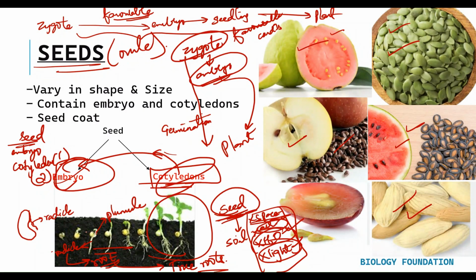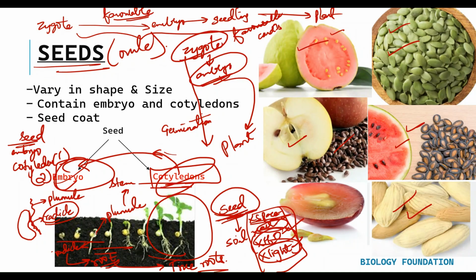Germinating means the zygote starts dividing to form the embryo, and during this development, first a small structure grows down into the soil. This we call radical, and radical later develops into root. And there is one more structure that grows upward, which you call plumule, and this plumule gives rise to the shoot or the stem.